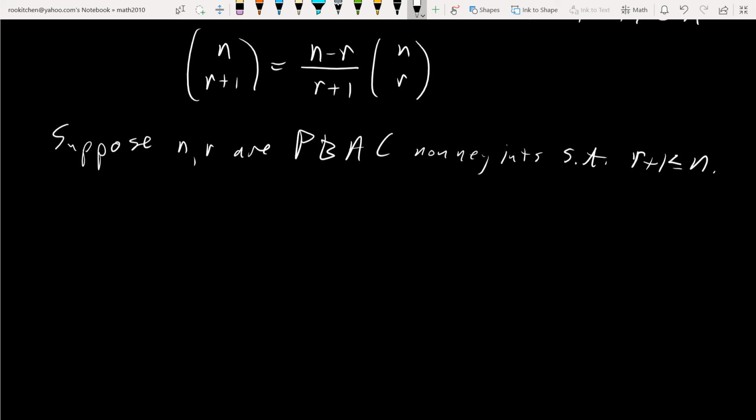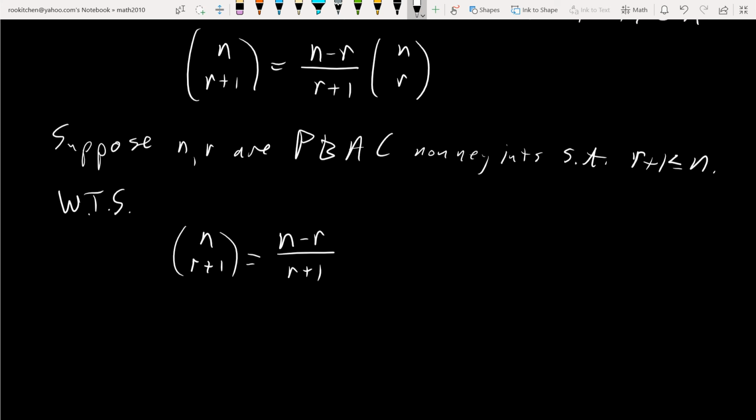Okay, we kind of want to show, and this is WTS, want to show. In this part, what I'm going to do is do some of the work, get it out of the way, right? So it's a clever way of making my proof formal, but at the same time doing some of the legwork. So what I want to show is that this thing is equal to n minus r all over r plus 1, and then I want to think about my goal, right?